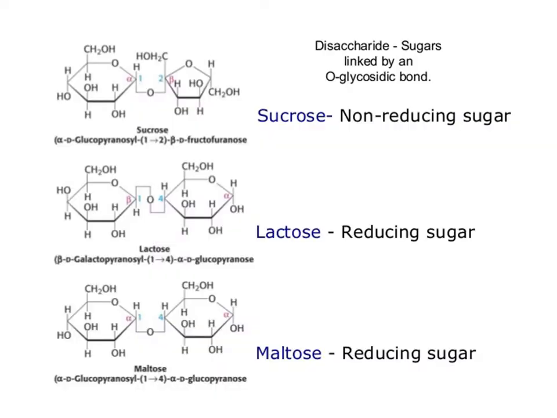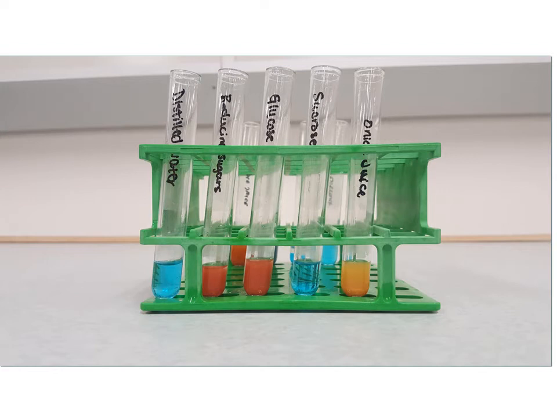In this slide, we have some other examples of reducing sugars. Lactose, which is a milk sugar, is a reducing sugar, and so is maltose, versus sucrose, which is not a reducing sugar.